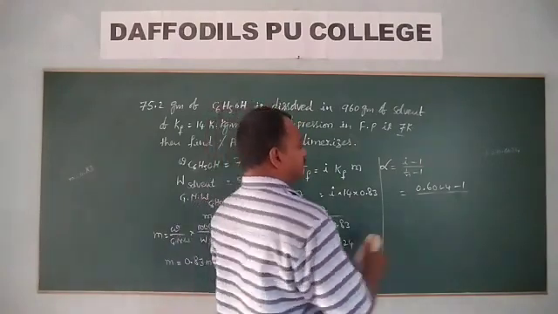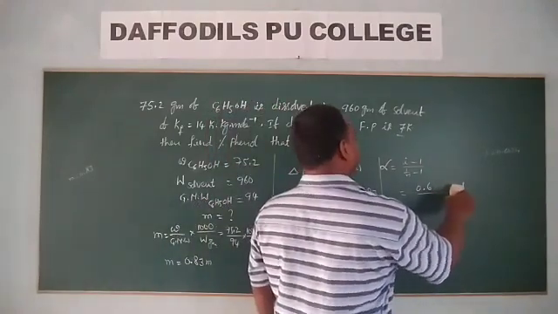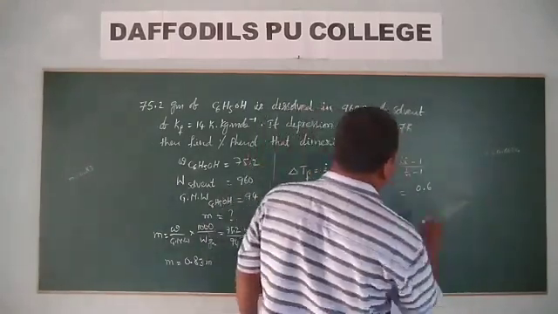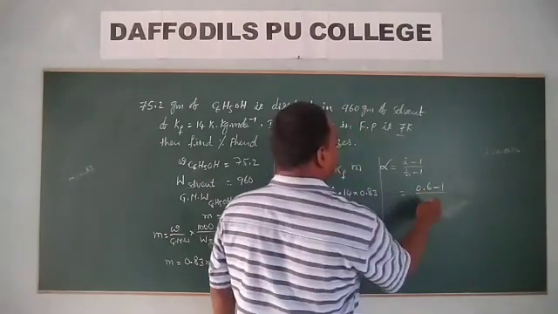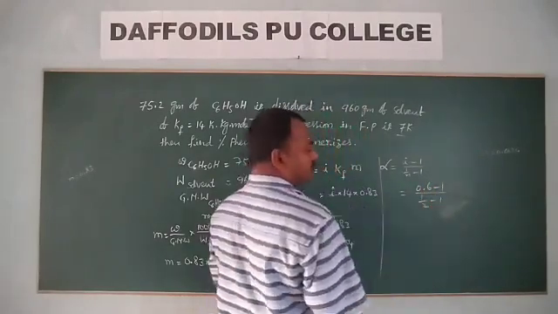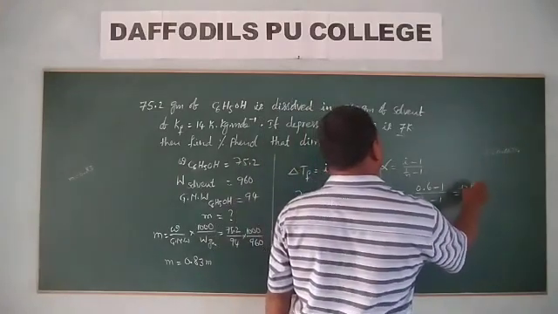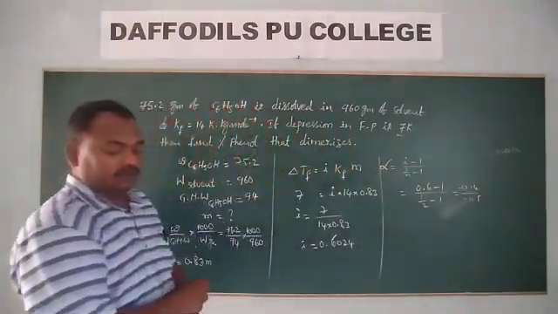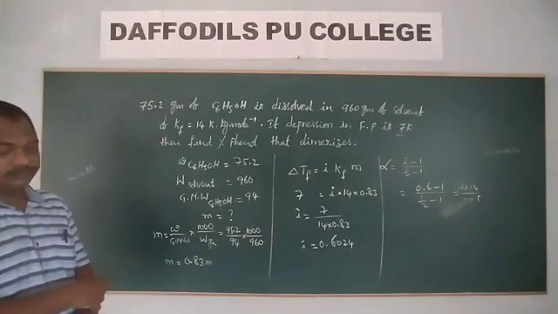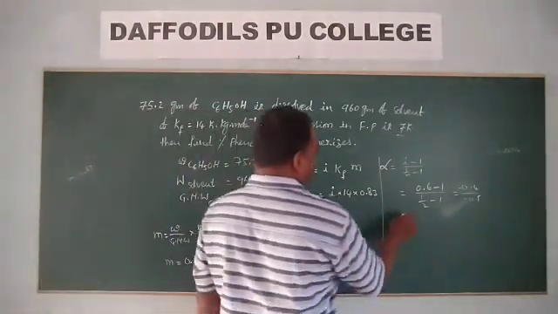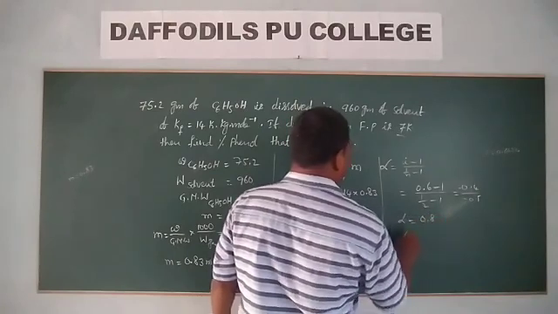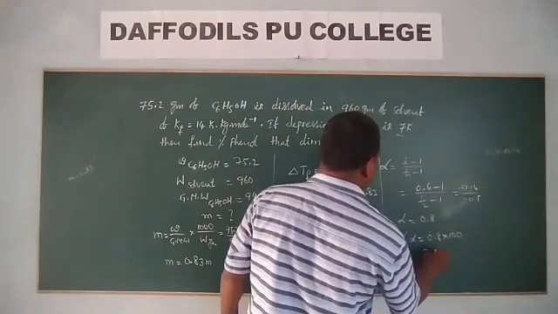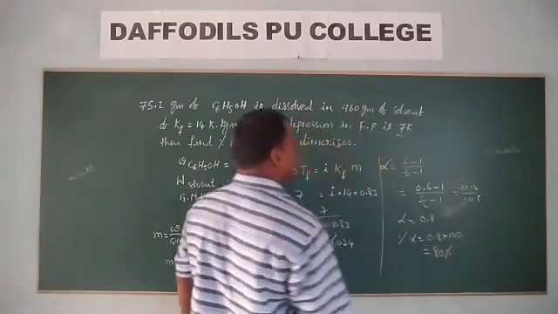Simply we will take 0.6. 0.6 minus 1 by 1 by 2 minus 1, which comes as minus 0.4 by minus 0.5, that is 4 by 5, which means 0.8. So percentage of alpha is equal to 0.8 into 100, which comes as 80%.